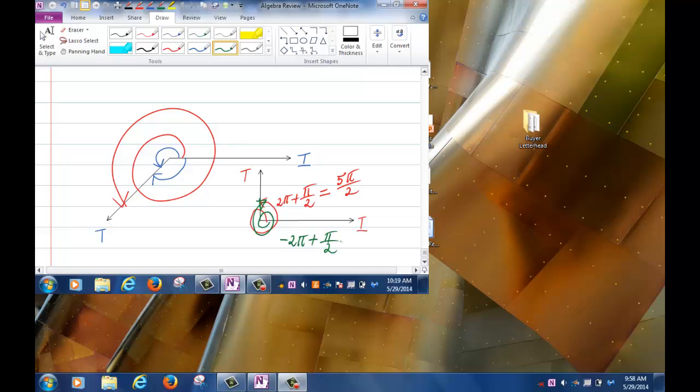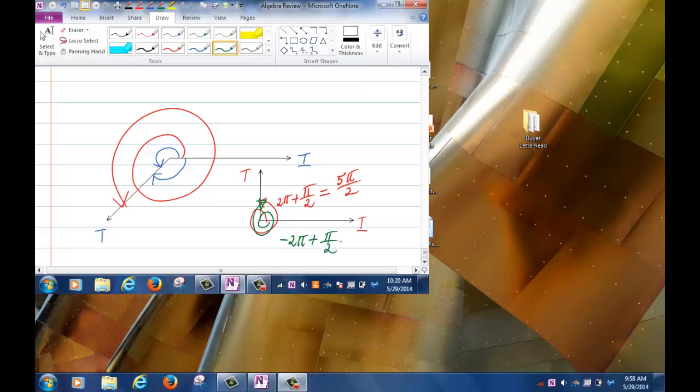If it was pointing down, it would be pi over 2. So what I'm saying is that I am going one rotation and then 3/4 of another. What I drew is not what I meant. What I was trying to show is that I go like this and come back. So I go one complete revolution and then I go back.